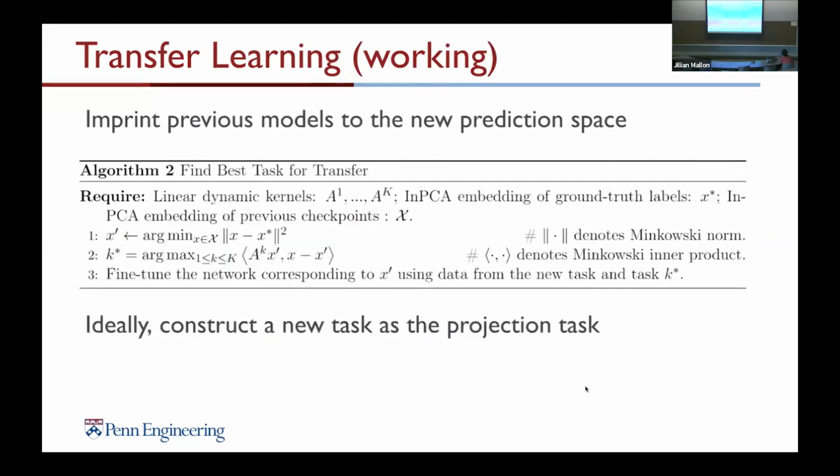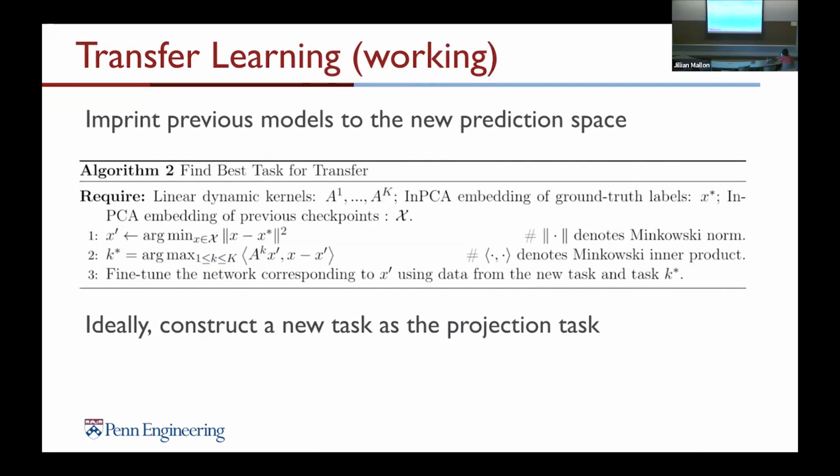Based on our previous investigations, we also derive an ideal way to perform transfer learning. The first step is to imprint all the previous models to the new prediction space and embed them into the proposed low dimensional embeddings.